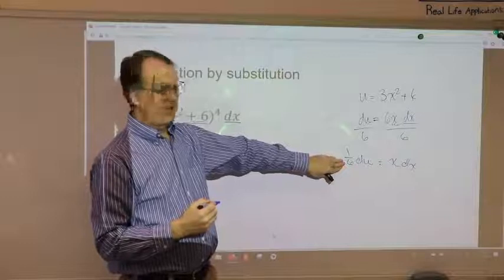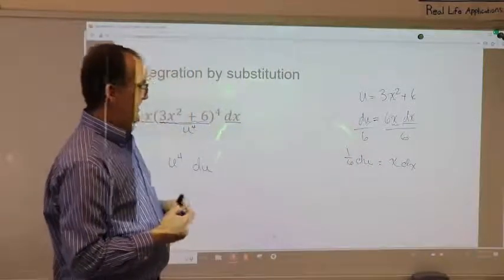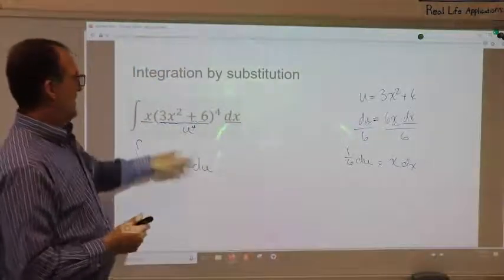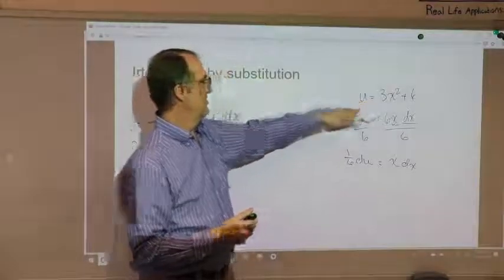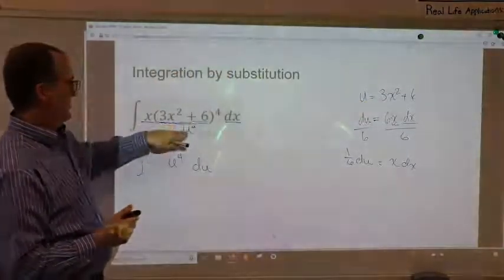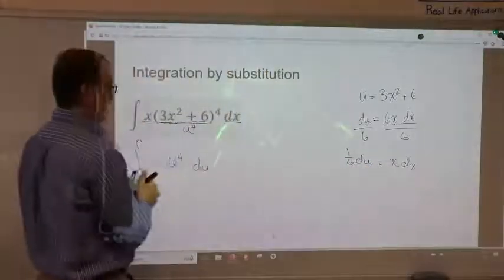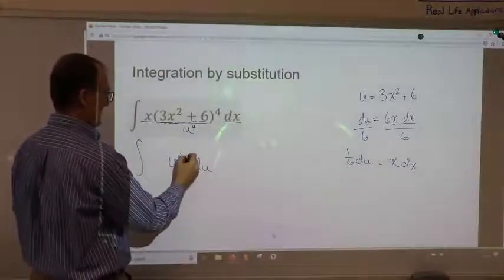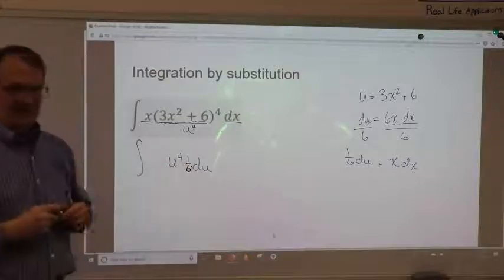Make it a multiplication and not a division. But now what I've got is exactly the pieces I need. I've got my 3x squared plus 6 equal to u, so I can replace it with u. I now have my x dx, and I'm going to replace x dx with 1/6 du.